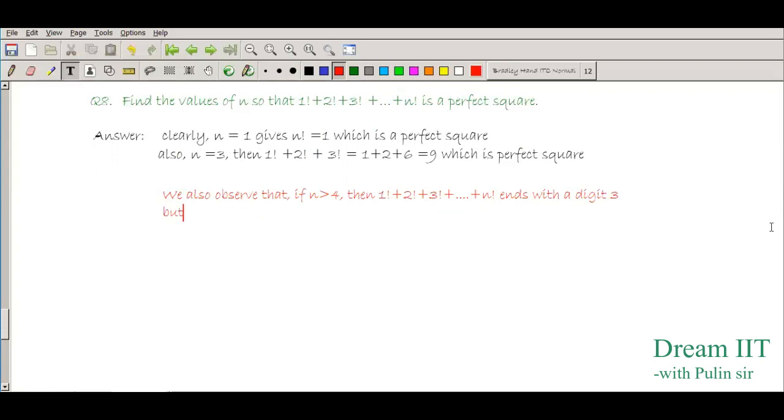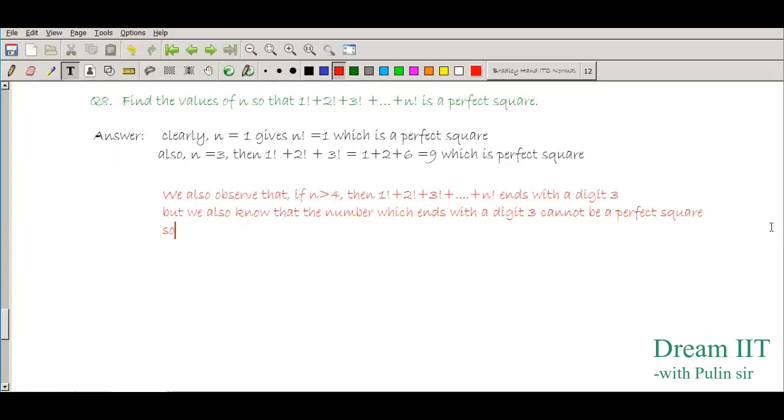But we also know that numbers which end with a digit 3 cannot be a perfect square. This we already know. That means we have only two options for n: either n equal to 1 or n equal to 3, and no other option.